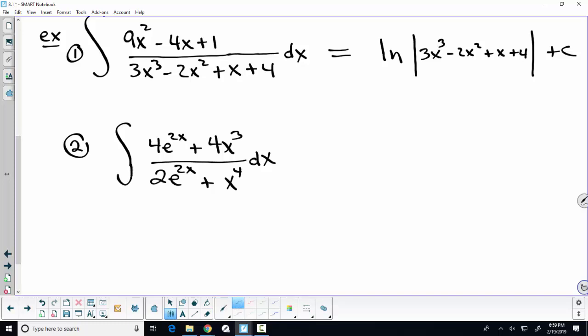So the denominator's derivative is up here, right? Here we could drop absolute value because that quantity is always positive, but it's just more important to recognize the pattern.